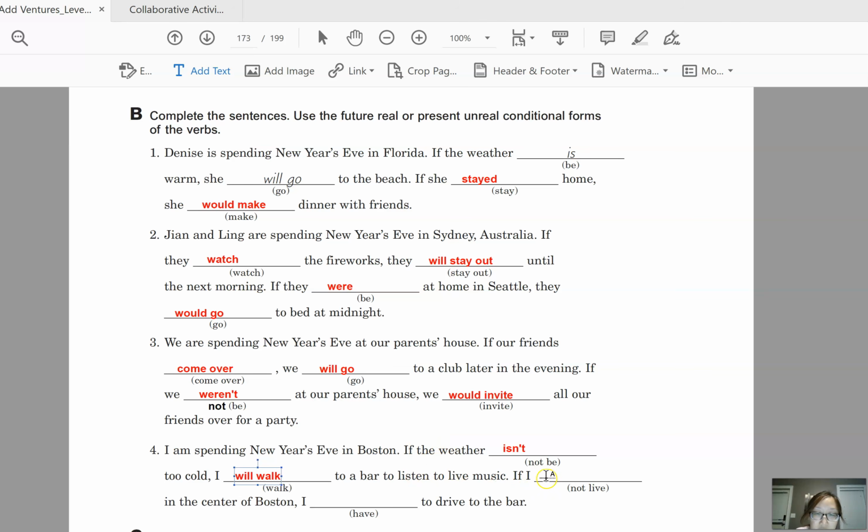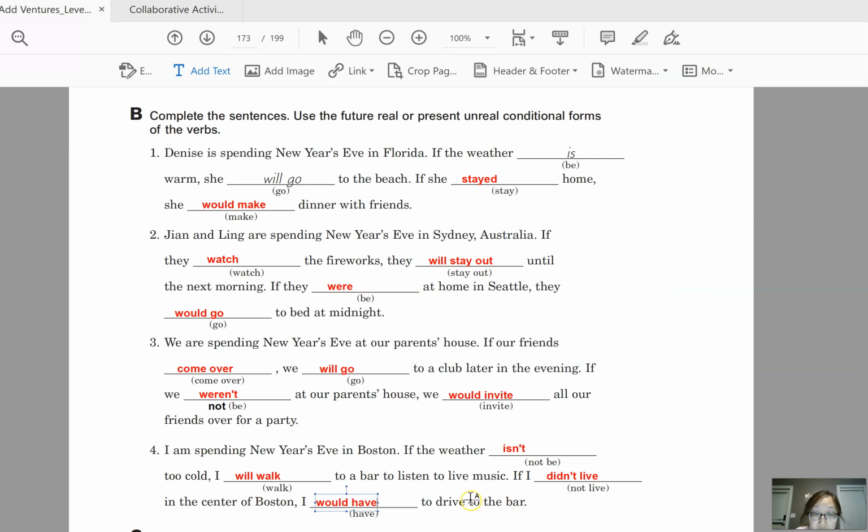If I didn't live, because live is an action verb, so if I didn't live in the center of Boston, I would have to drive to the bar.